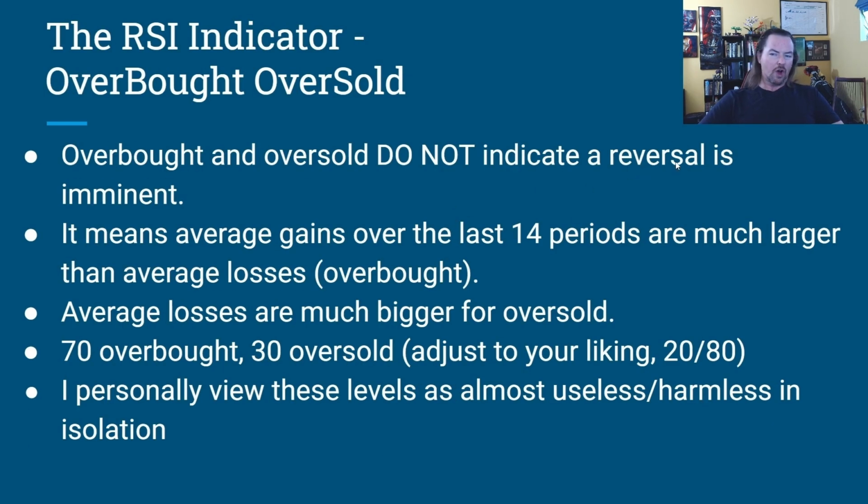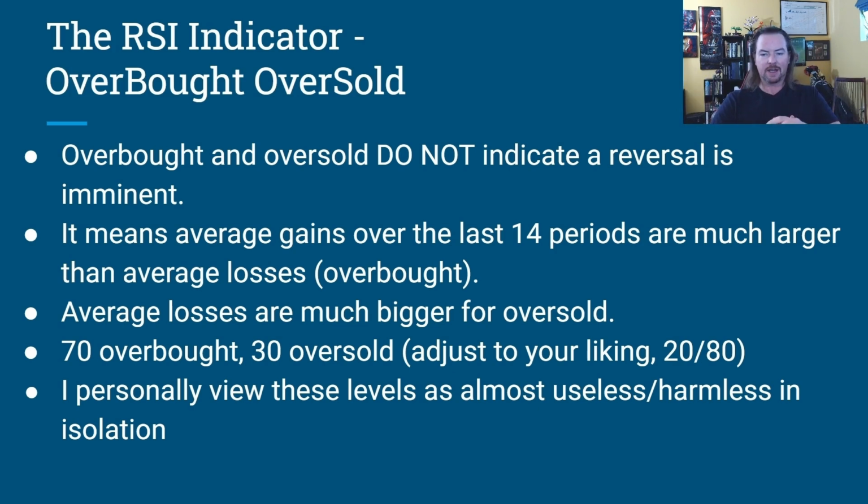One of the most common things discussed with the RSI indicator is overbought and oversold. They do not indicate that the price is too high or the price is too low. That's a common misconception. If we just look at that math we just talked about, all it's saying is that if we're in that upper quadrant, it means we've had more gains in the last 14 periods than we've had losses.